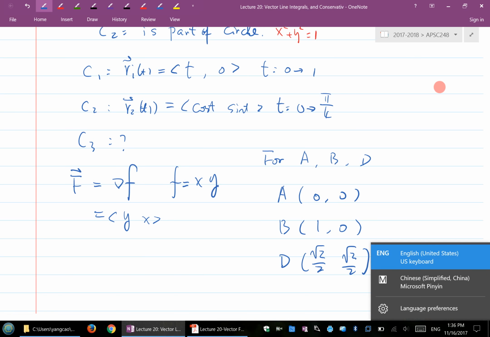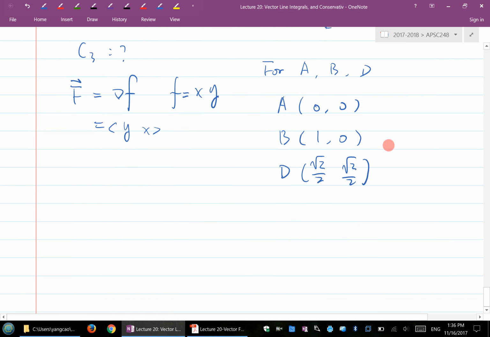So now I will apply the fundamental theorem of calculus. According to the fundamental theorem of calculus, I don't need to calculate this line integral. All I need to do is use the end value for the potential function minus the value of the potential function at the beginning point.